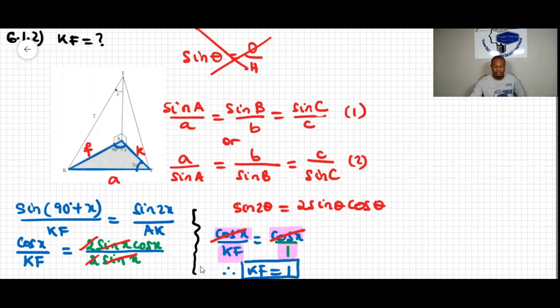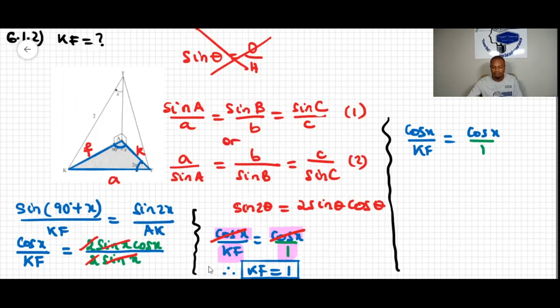Or you can also apply the cross multiplication property. I promise you, you're going to get the same answer. Look, check this out. Assuming that I didn't cross, assuming it was just cos x over KF equal to cos x over 1. If I cross multiply, I do KF with cos x and then cos x with 1.